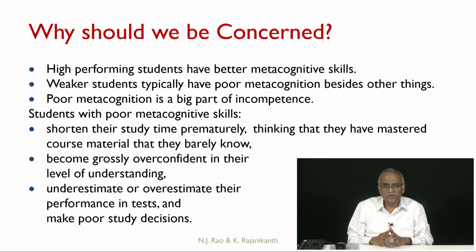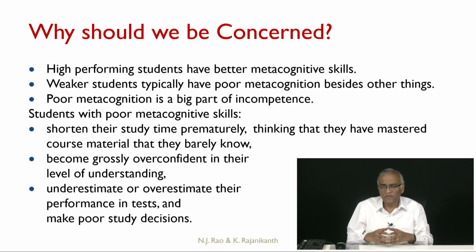But weaker students typically have poor metacognition, besides other things. And this is where you have almost 90% of engineering colleges, which have a fairly significant percentage of what you may call weaker students. And they will have poor metacognition.